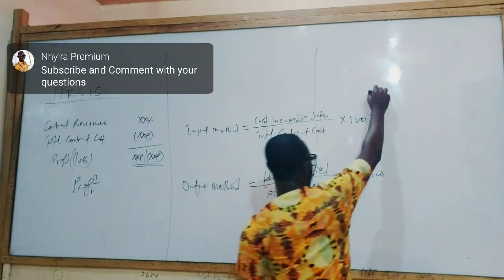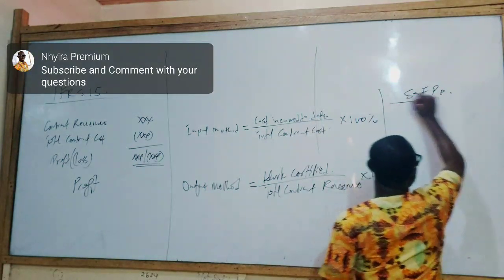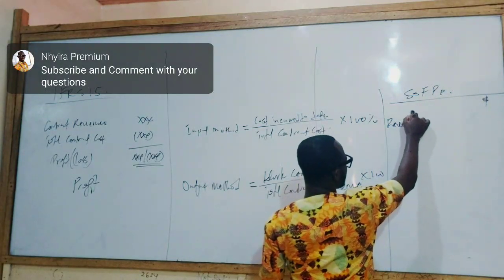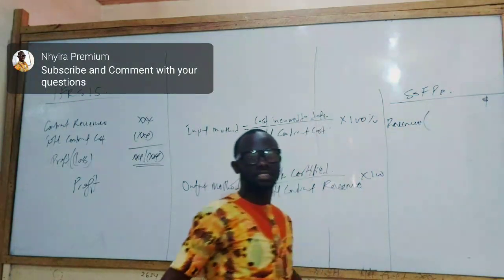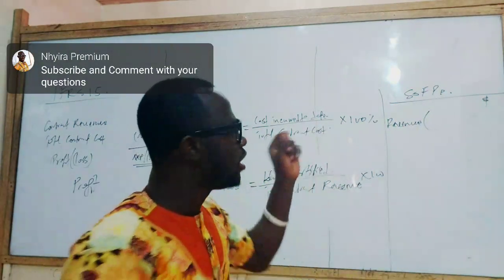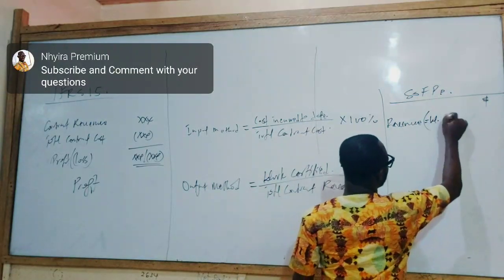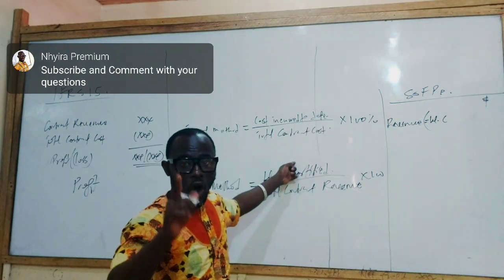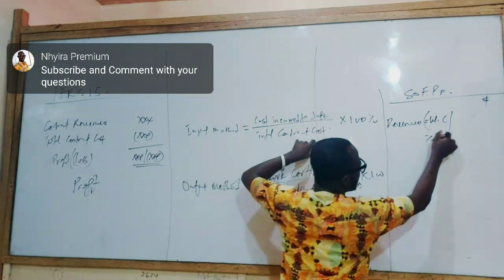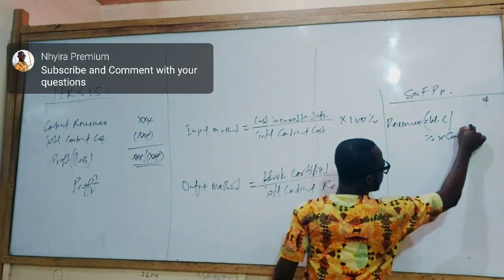So what does that mean then? It means that if you come to your statement of financial performance, you are going to be bringing revenue. Please know that the revenue you are bringing here can be two things. One, the revenue can be the same as the work certified, okay? Or the revenue can be the stage of completion times the contract's revenue or the contract price.